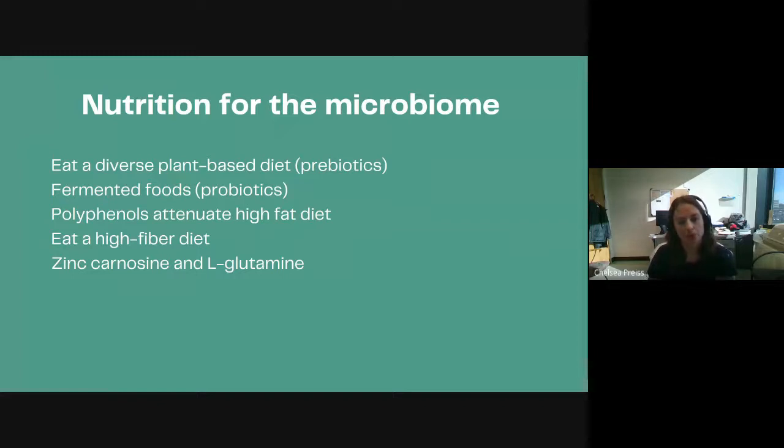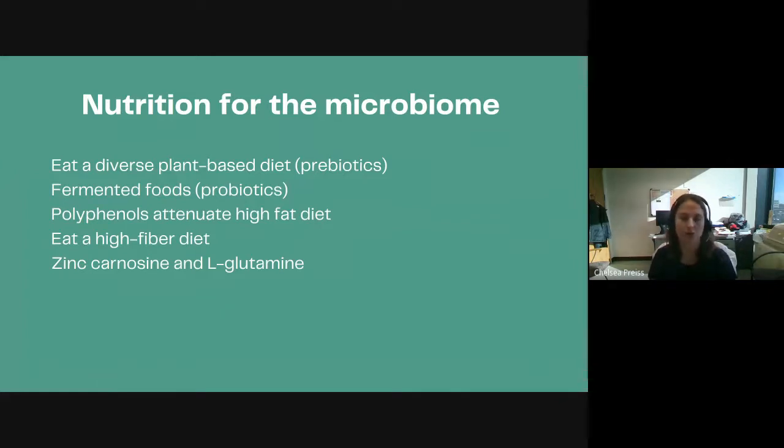So to support the microbiome, we want to focus on providing a diet that is rich in prebiotics and probiotics. Prebiotics will help feed the beneficial bacteria, so eating a variety of plant-based foods is the best way to fuel those beneficial bacteria. Some great ones are garlic, oats, beans, bananas, and watermelon.